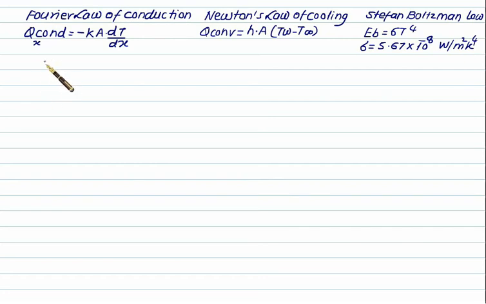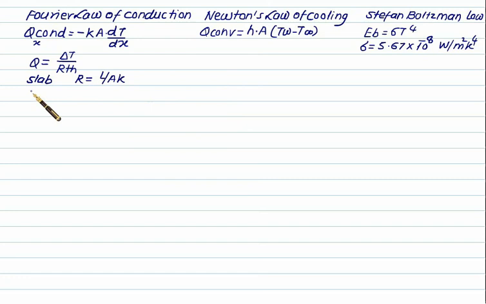In generalized form, the heat transfer Q is always expressed as the overall temperature difference divided by the thermal resistance. In the case of a slab, the thermal resistance is given by L by AK.